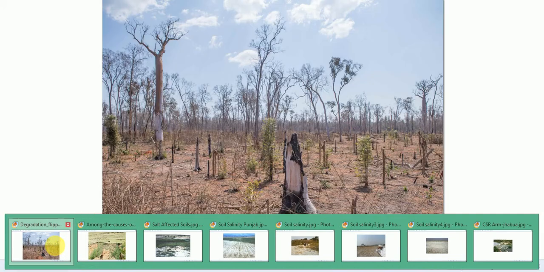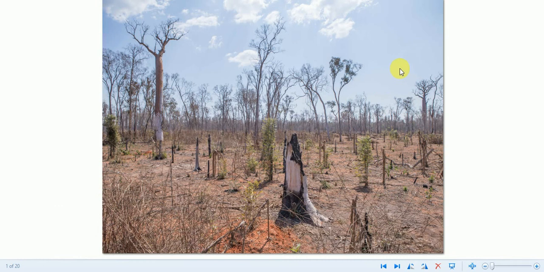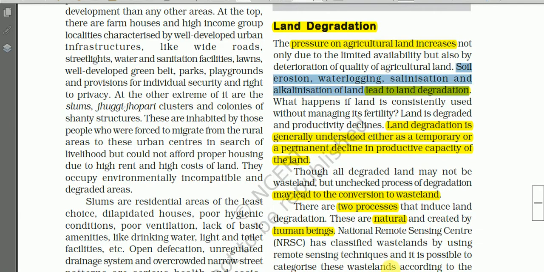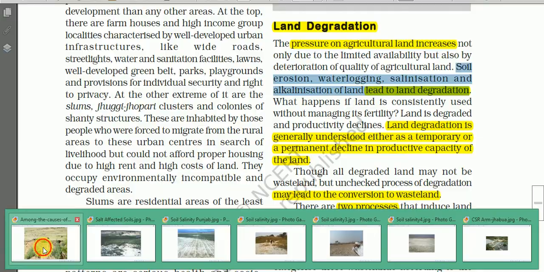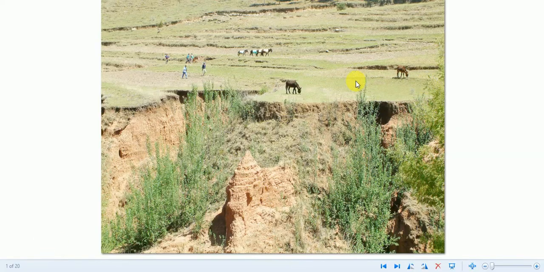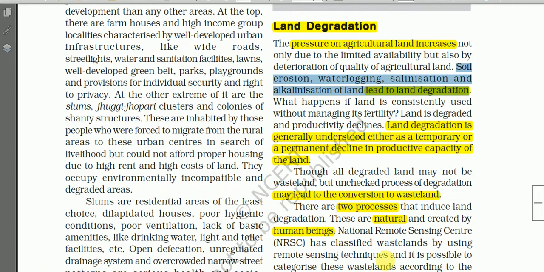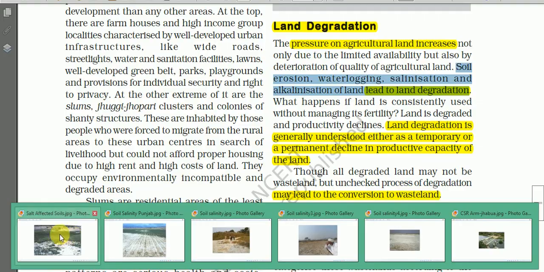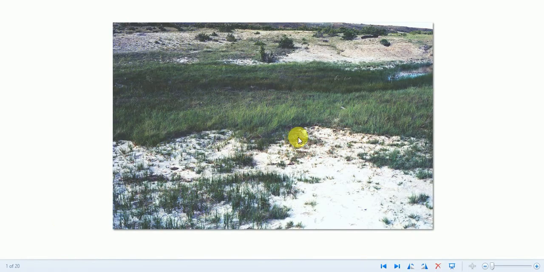Then we have another photograph showing degradation of land. So this area is affected by erosion, and the other areas are also affected due to over irrigation and overgrazing. And this is salt affected soil.